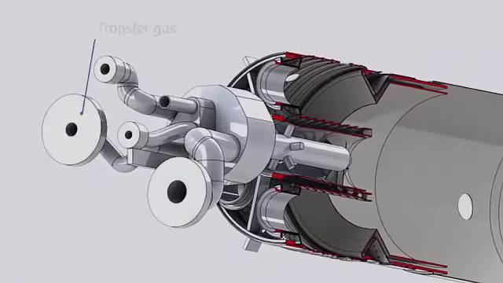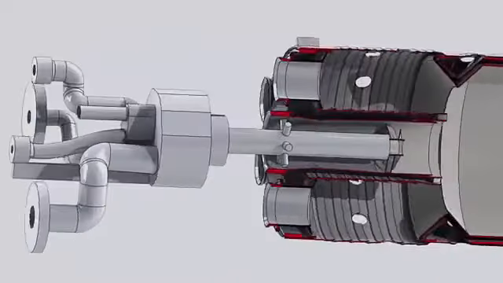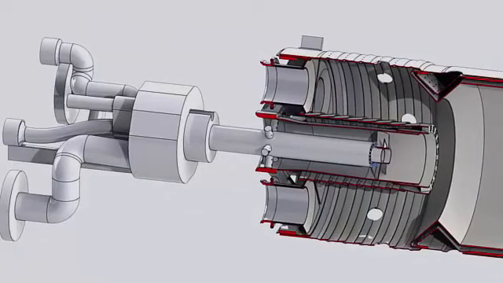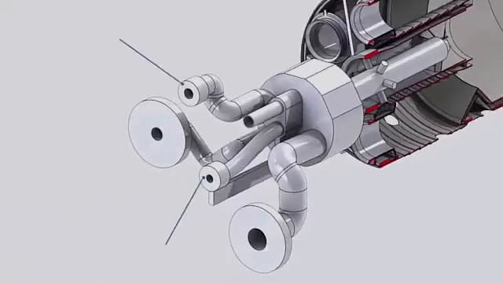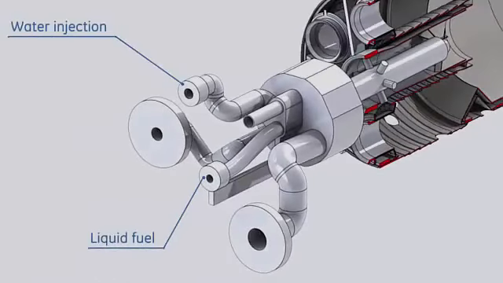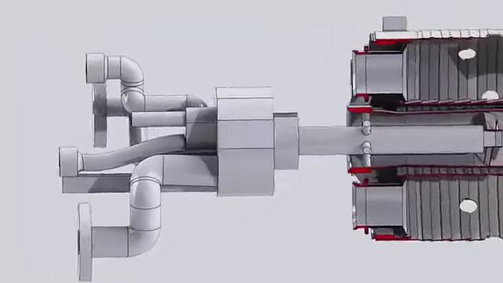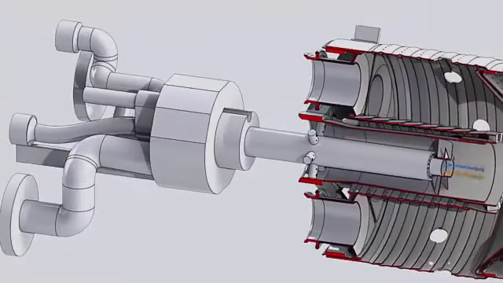Transfer gas for transient transfer operation is supplied to the relevant supply flange and is injected before the secondary swirler also. Liquid fuel and water flow from the inlet flanges to the combustion zone, where they are injected at the aft tip of the secondary nozzle assembly.